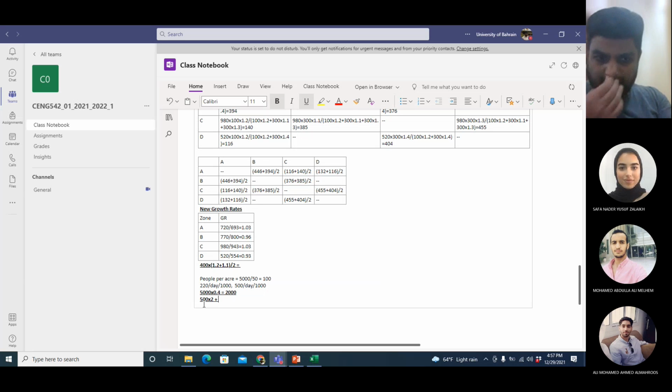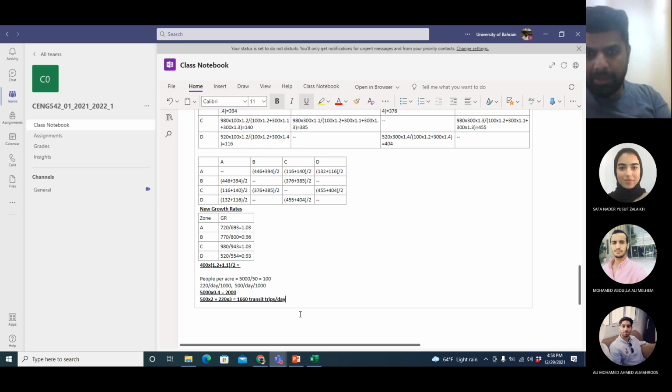Plus 220 multiplied by the remaining 3000, so multiply by 3. 500 into 2 is 1000, plus 220 into 3 is 1660. So these are the number of transit trips per day from this area.